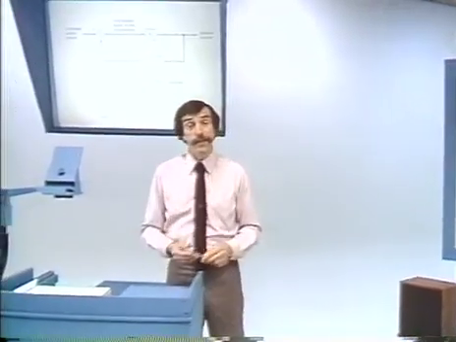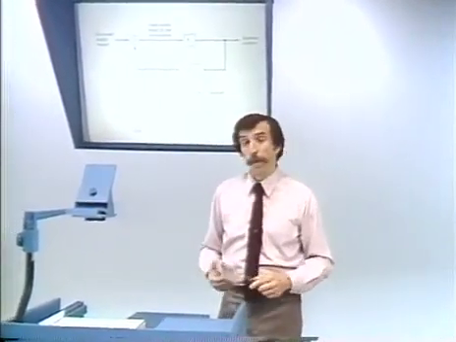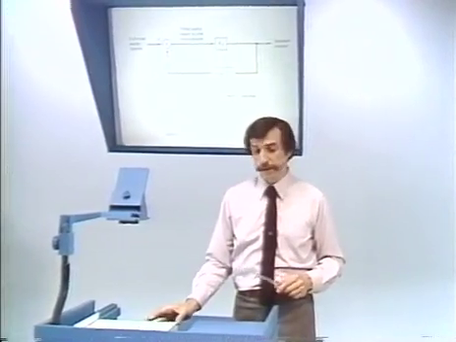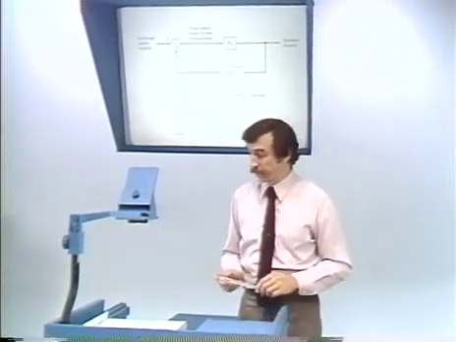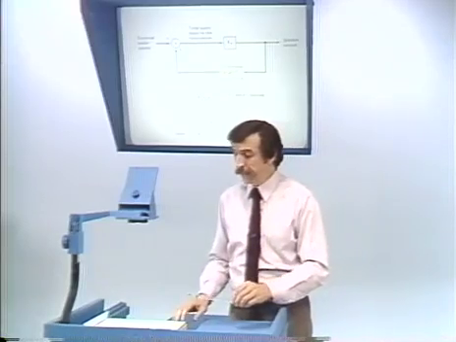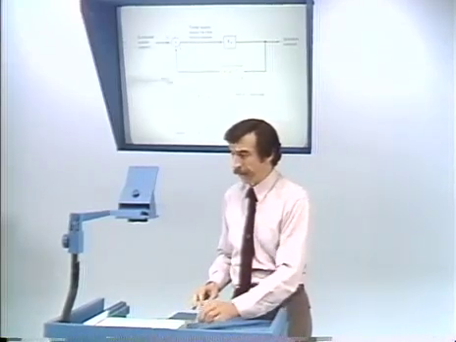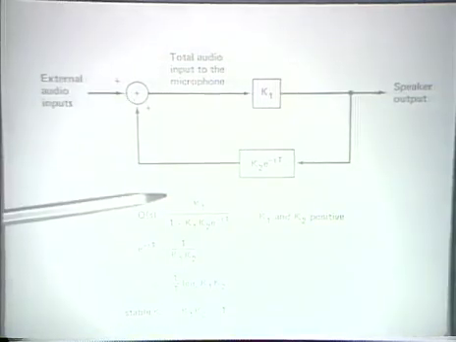All right, well, let's look at an analysis of this and see why an instability is predicted by the basic feedback equation. Notice, first of all, that we're talking about positive feedback here.